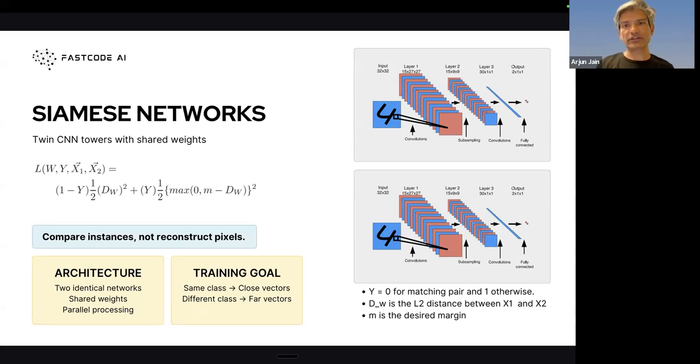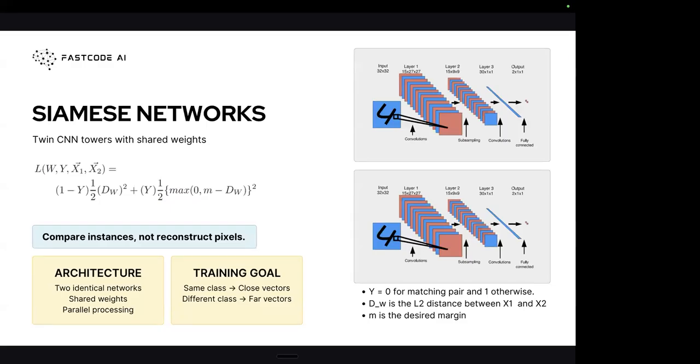You can either just forward propagate, backward propagate, train, or do that in batches. You can create many of these pairs, forward propagate once, create the loss, and then backward propagate in one step. We'll talk about that when we talk about a few methods, in the beginning of week 4 or end of week 3.